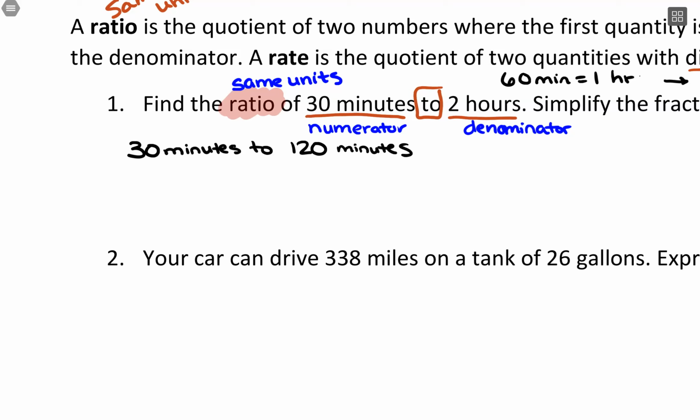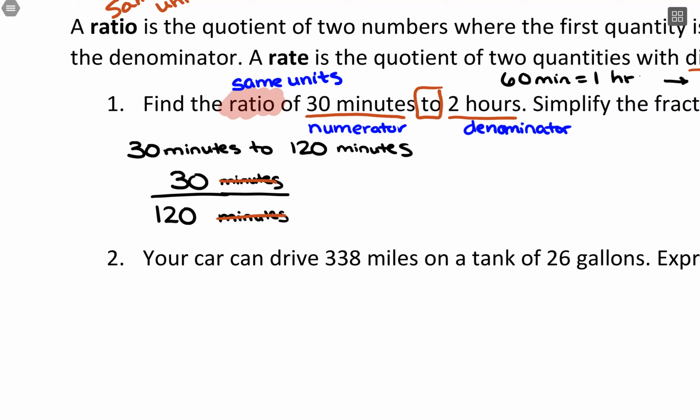So our ratio, we take our numerator, which is the 30, over the denominator, which is 120. And we could even put in the units that we're working with, minutes over minutes. Since the numerator and denominator have the same units, those units cancel out with each other. So all we're dealing with here is a number, which is 30 over 120.